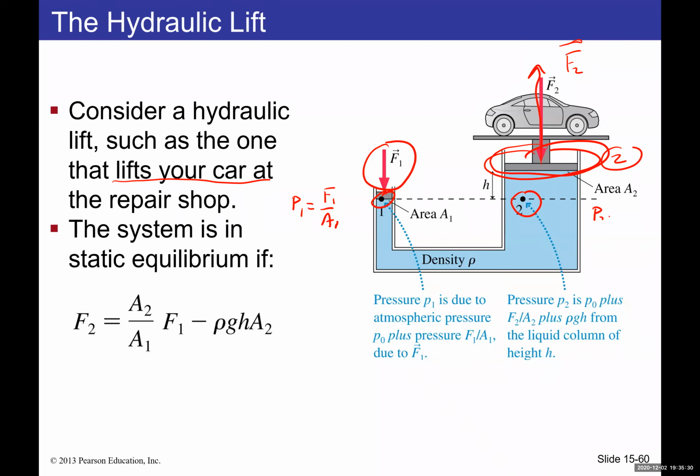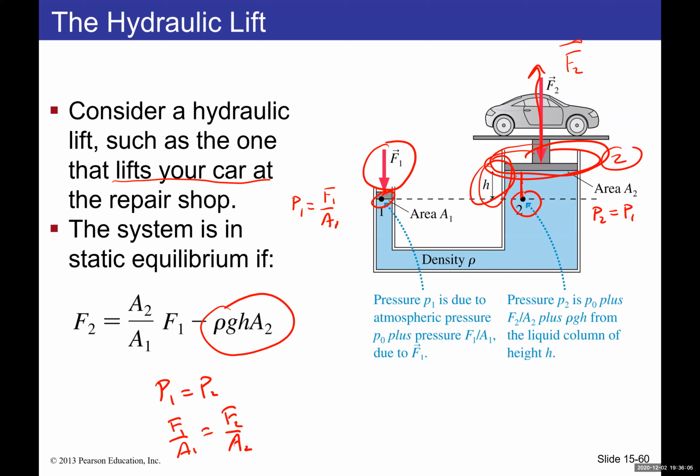But also there's a height h, so there's also rho gh, which is the gauge pressure, times A2. So pressure one is equal to pressure two, which means F1 over A1 is equal to F2 over A2.